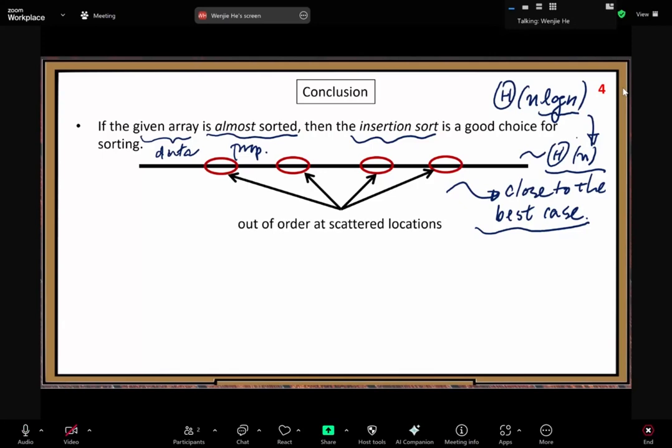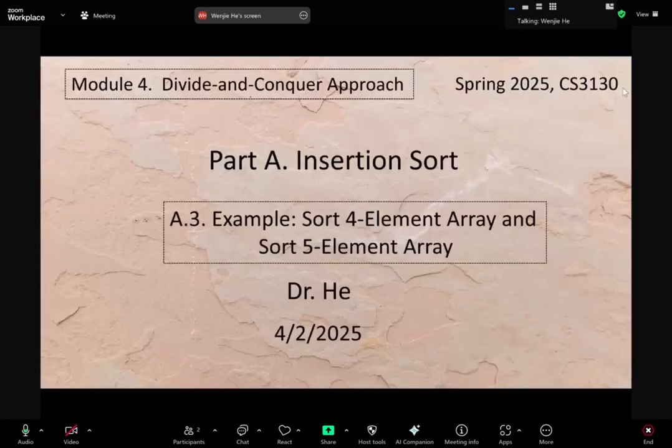So you can see, that's the main property of the insertion sort, under the special situation. If in real world applications you encounter data with this special property, then don't forget to try insertion sort to solve your problem. So we complete this insertion sort topic.